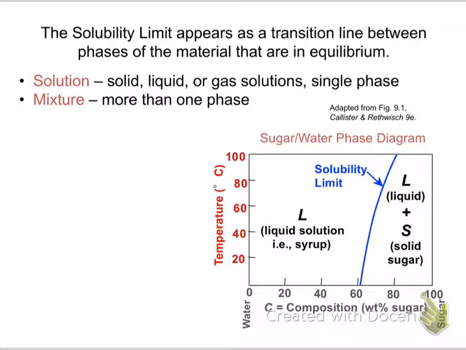Now that we've defined phases and components, we want to look at how we transition from one to another. This is something you've done many times in chemistry or physics, looking at solutions and mixtures. Solutions being solid, liquid, or gas solutions, have one phase and are all together and pretty homogeneous.